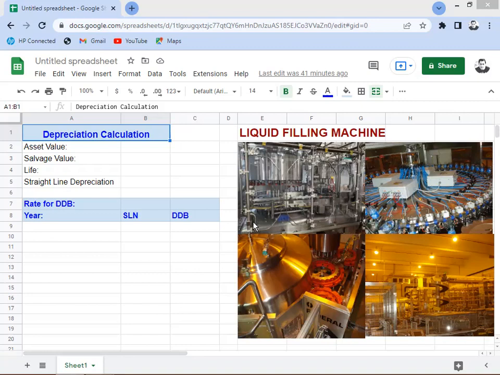One is the straight line depreciation, and the other one is the double declining balance method of calculating the depreciation. Okay, so if the manufacturing plant is underutilizing the machine, then the unit cost will be much greater, because this is a fixed asset and it has a fixed cost.